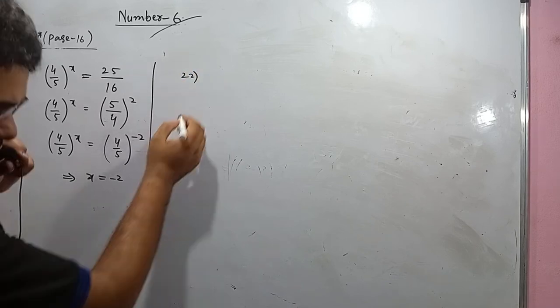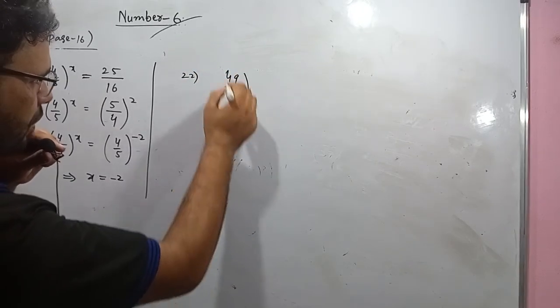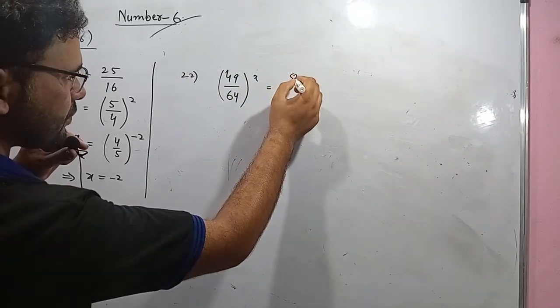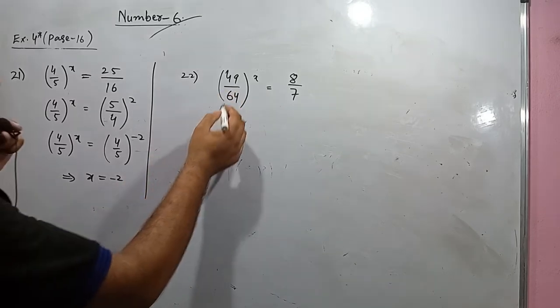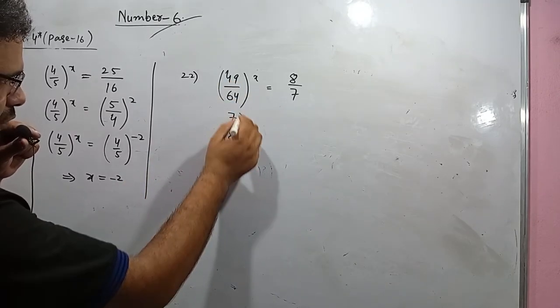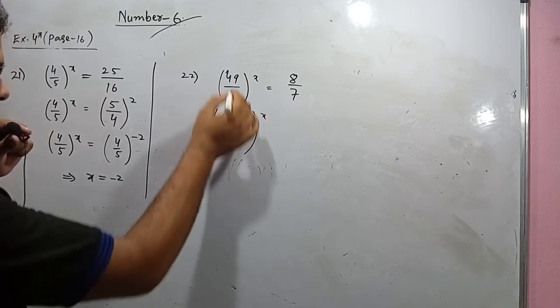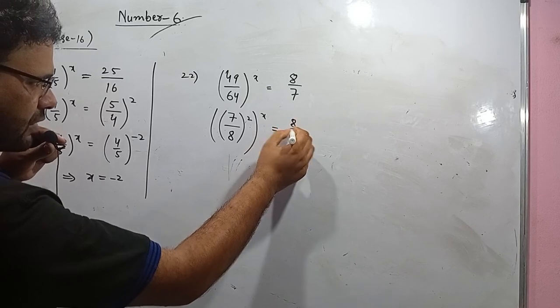Now coming to the 22nd. What is that? It's (49/64) whole power x is equal to 8/7. Now you can see here, I can write (7/8) whole square whole to the power x, because 7 sevens are 49, 8 eights are 64, is equal to 8/7.